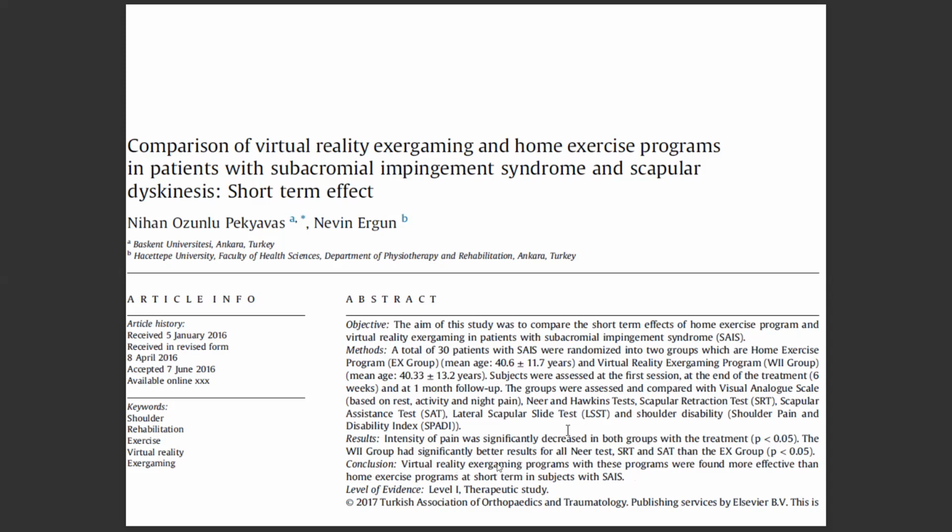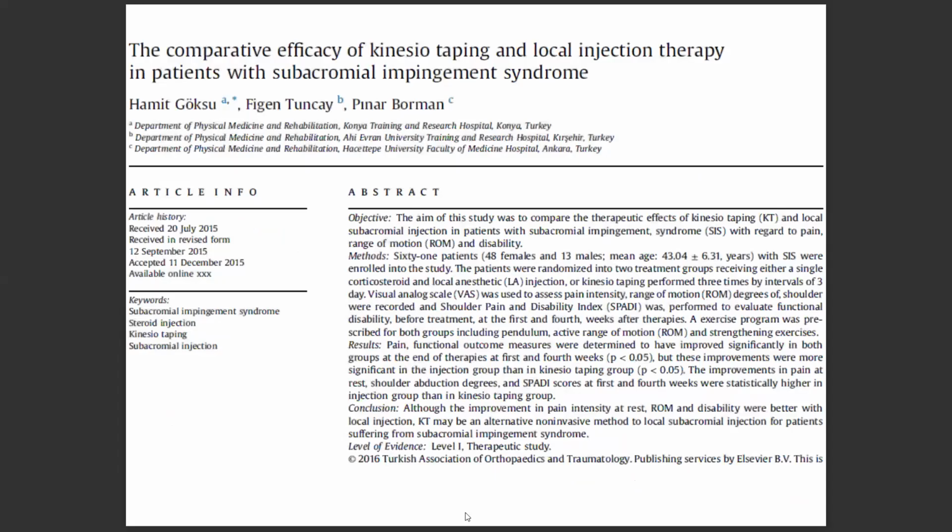But the problem with these effects is that they are short term, and there is no information about the long term effects of these protocols.